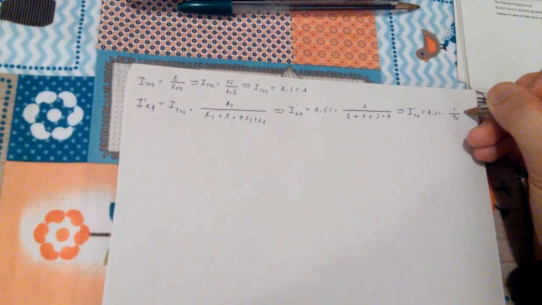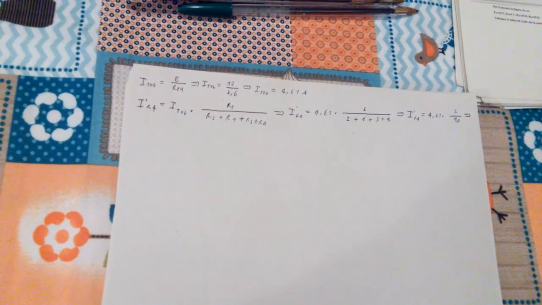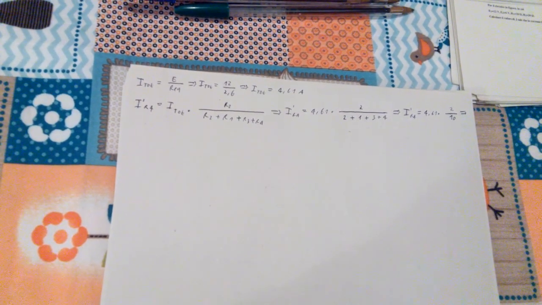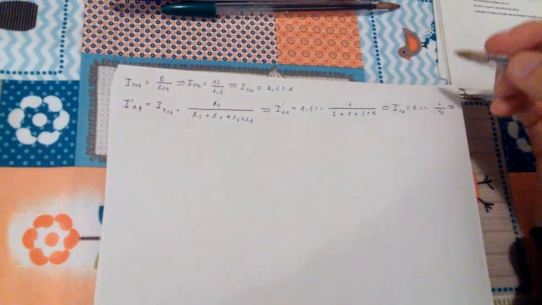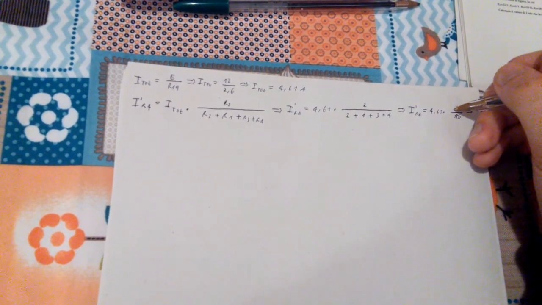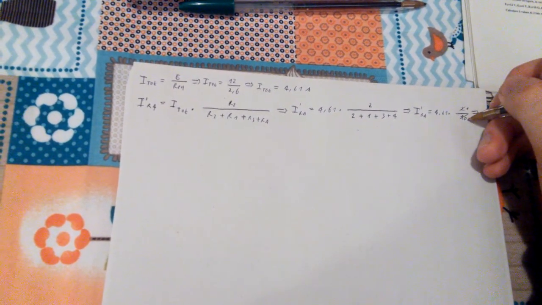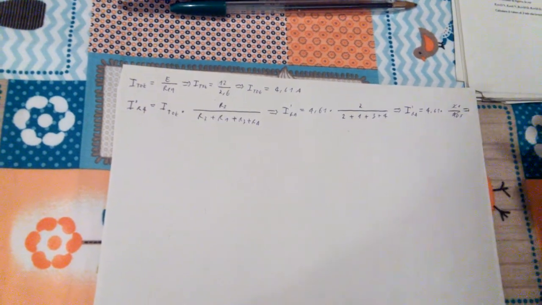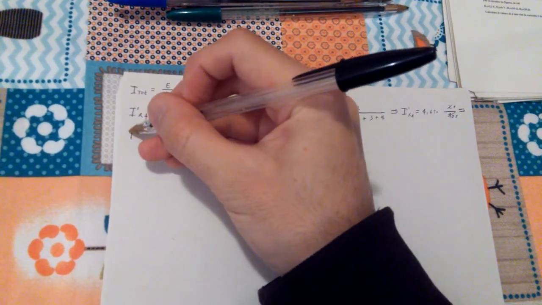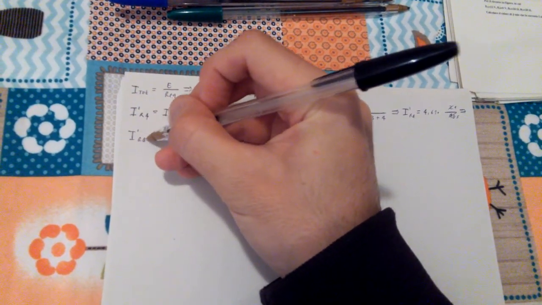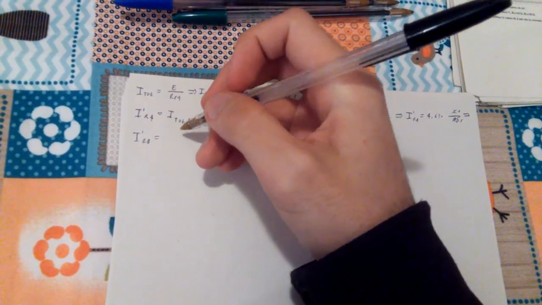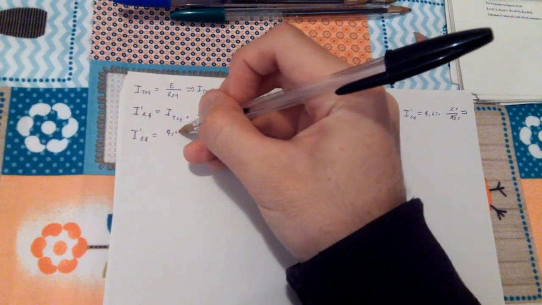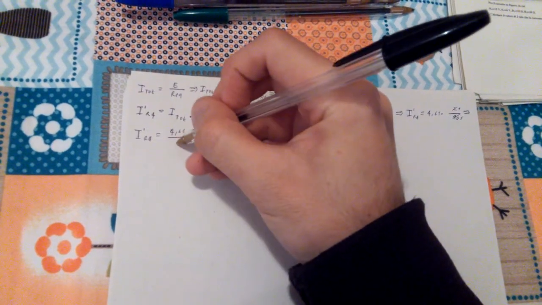Now I can just say, okay, let me just get rid of this 1 over 5. I can say, okay, so I first R4 is actually 4.61 over 5.